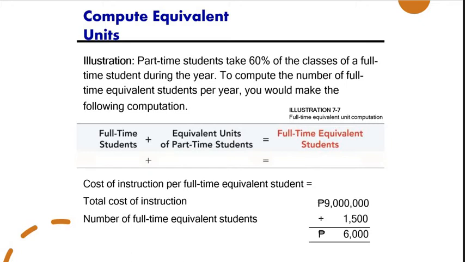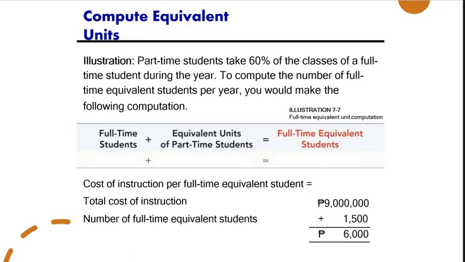So, how many full-time students do we have? Then the equivalent units of part-time is equivalent to the full-time equivalent students. How would we compute the equivalent units?